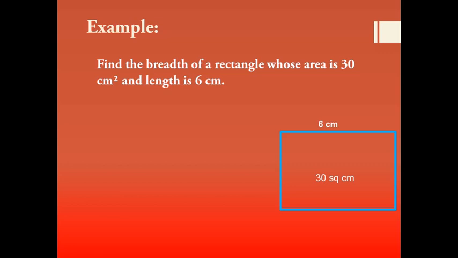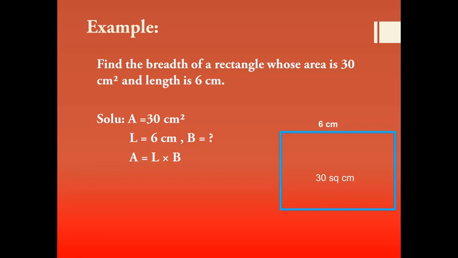Let's do another example. Find the breadth of rectangle whose area is 30 square centimeter and length is 6 centimeter. Here we find out the breadth of rectangle. So, solution. Area of rectangle is 30 square centimeter. L is equal to 6 centimeter and B is equal to question mark.